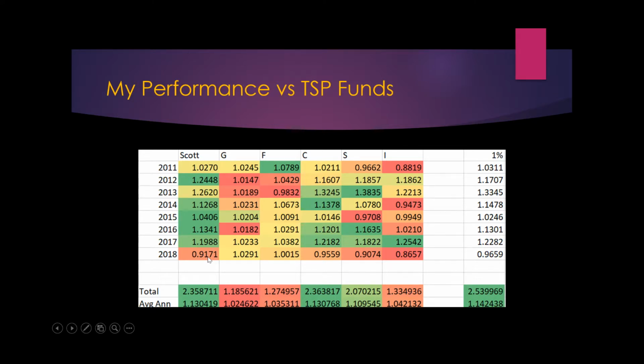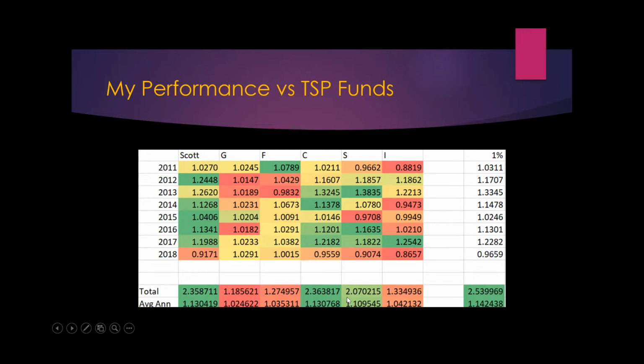But again, in order to show a true compounded return, both in terms of total return and average annual return, you have to be in decimal format to understand this. Now, they are color coded, so you can see which one performed the strongest. And since I already told you I was going to work with the C fund, and you see actually the color of the C fund being darker green means it was the strongest performing out of the 5 main TSP funds here.